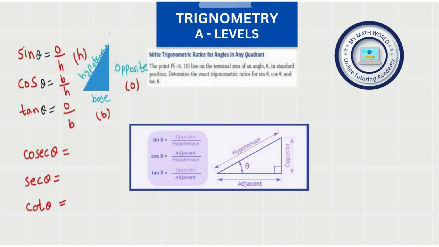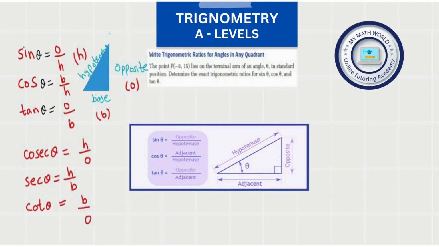So if sine theta is opposite over hypotenuse, then cosecant theta would be hypotenuse over opposite. Secant theta is the co-ratio of the cos, so if we take the reciprocal of cos theta, that would be the answer for secant theta, which is hypotenuse over base, and cotangent is the co-ratio for tan, so it would be base over opposite.